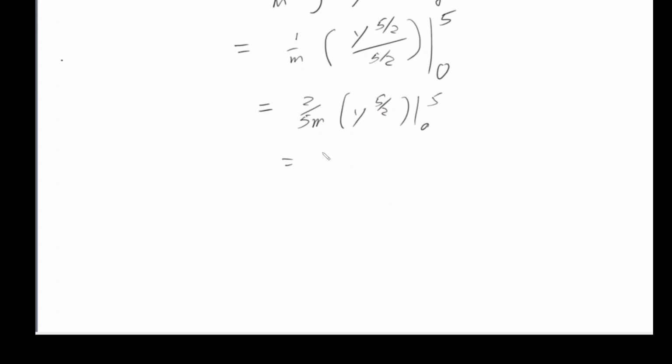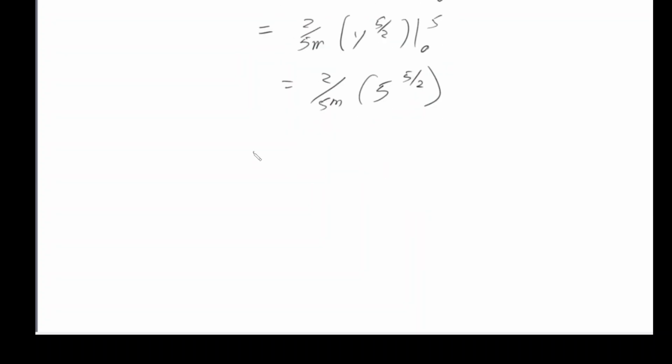Or you get 2 over 5m times 5 to the 5/2, because we're substituting 5 in for y. Or the y center of mass becomes 2 over m times 5 to the 3/2 if you do the math. Okay?